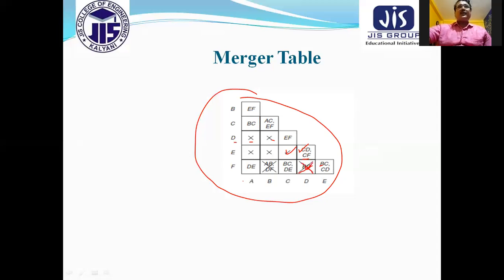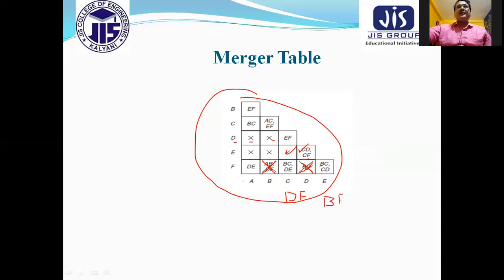When you cross this one, DF also becomes your incompatible pair. You have to check whether DF exists in any place. Here it is. Even though AB is compatible, we can cross this one, as we did in the merger graph also. After crossing, now BF becomes your incompatible pair.